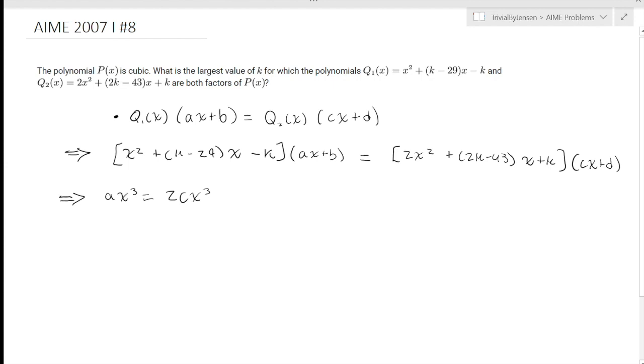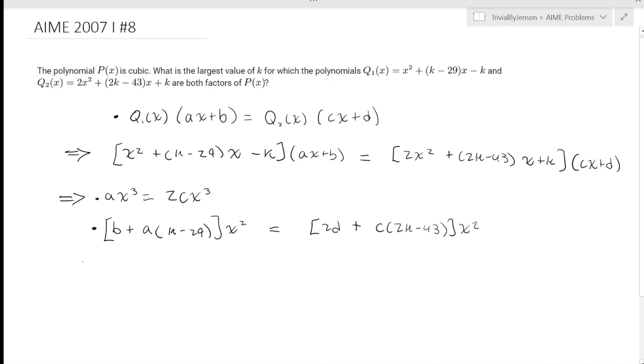It's pretty easy. Now for the quadratic terms, we have bx squared, and then we also have a times k minus 29 x squared. So that gives us b plus a times k minus 29 x squared is equal to, on the other side, 2d plus c times 2k minus 43 x squared.